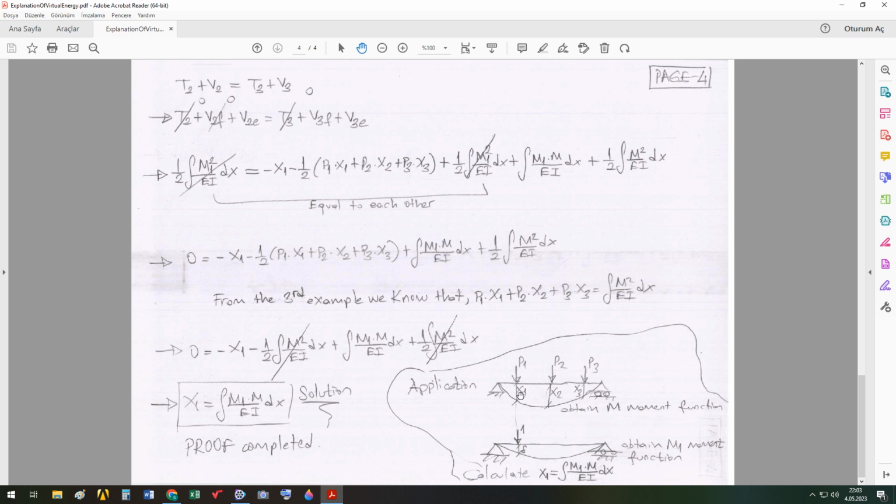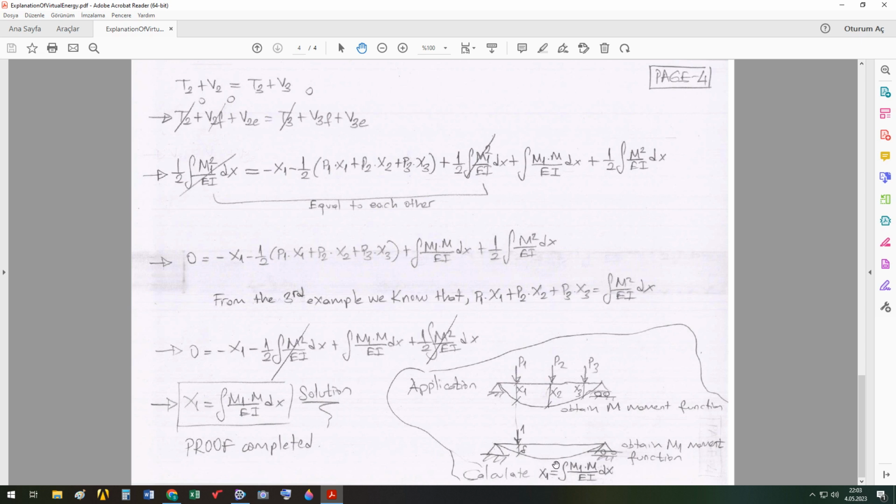I applied on the beam P1, P2, and P3, obtain a moment function, and then to calculate x1, I replace here 1 unit load in the direction of P1, and I calculate m1 moment function developed because of 1 unit load. And then I calculate x1 using this formula.